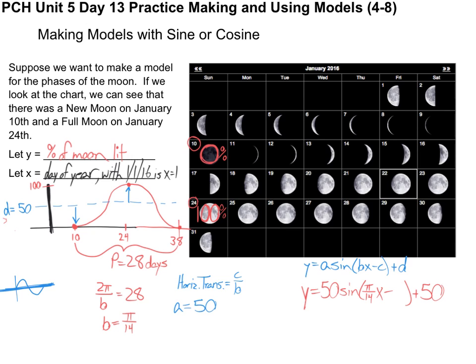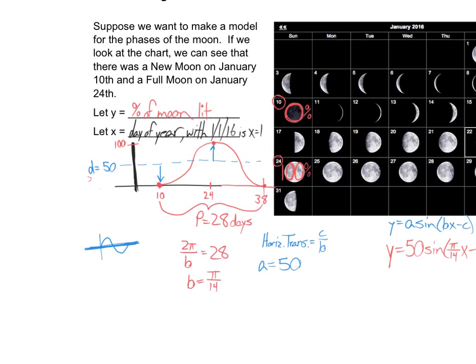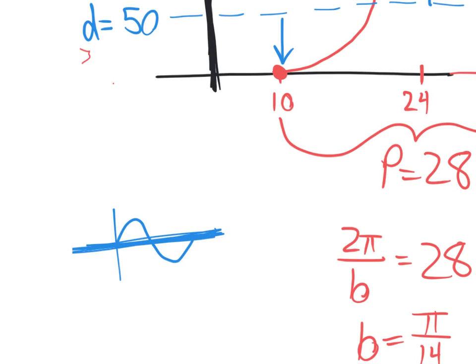So the last thing that we need here is the horizontal translation, and that is probably the most challenging part of this whole process. Let's look at our sine curve a little more closely, at more than just one period.